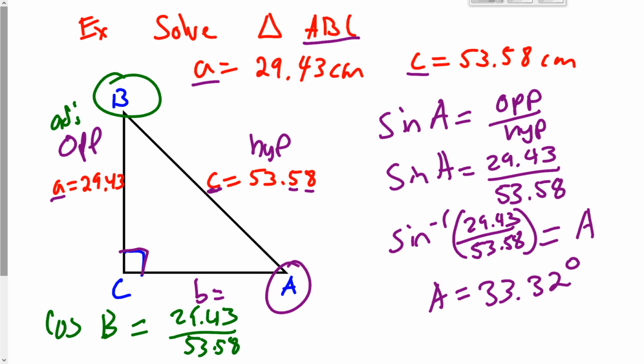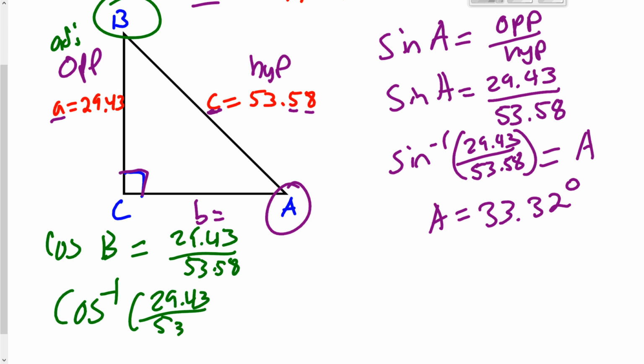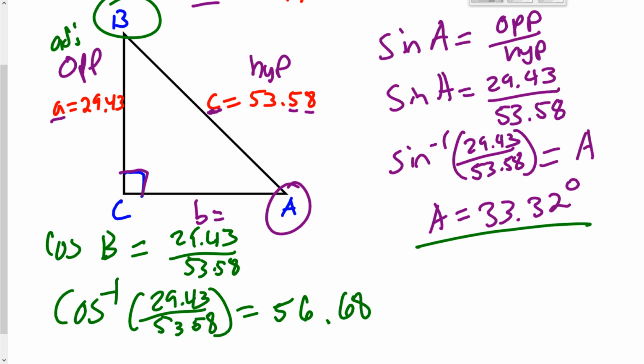If I enter this in, inverse cosine of this ratio, that would be using not this rounded number over here, but really you're still going to get 56.8 when you type that in the calculator.